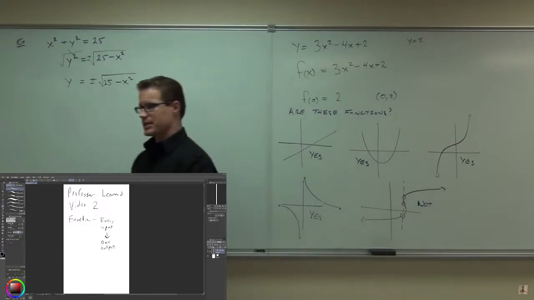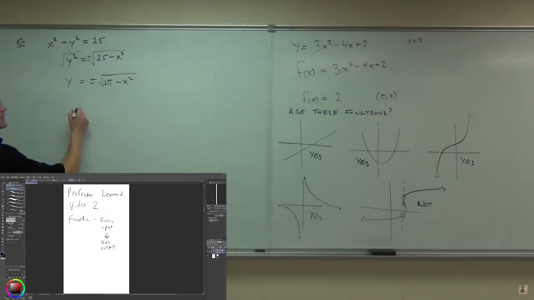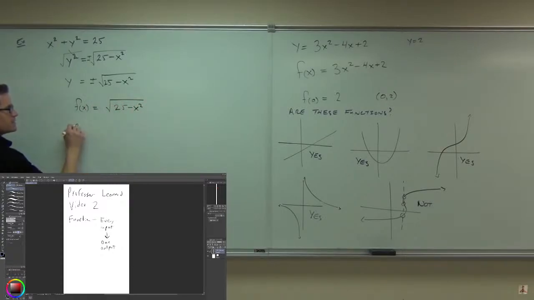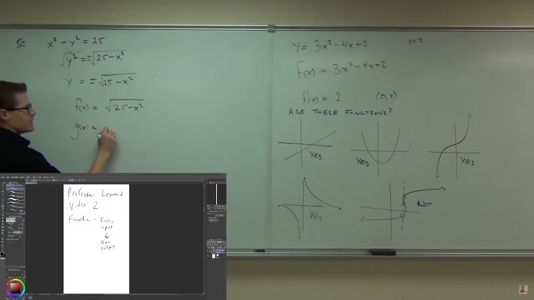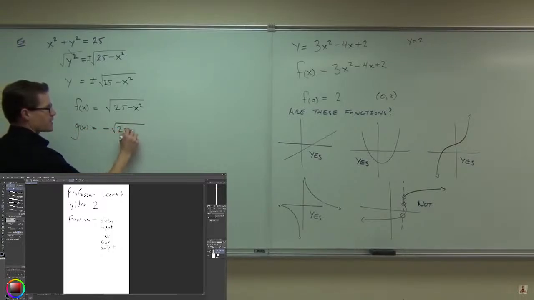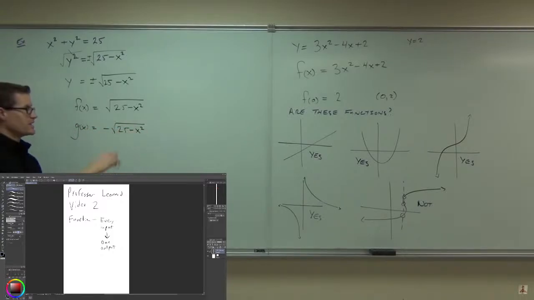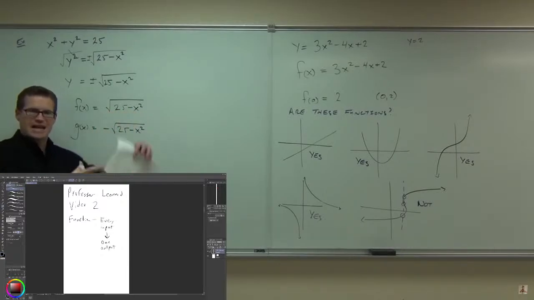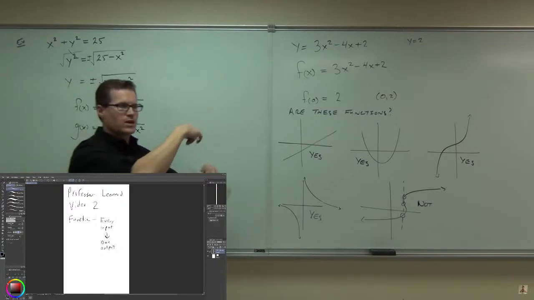If we define this a little bit differently, if we say, well, let's call f of x the square root of 25 minus x squared, and g of x the negative square root of 25 minus x squared. Now let me ask you a question. Is this a function? Yeah, sure. Is this a function? Yeah. Together they're not a function, but separately, we could talk about each piece.